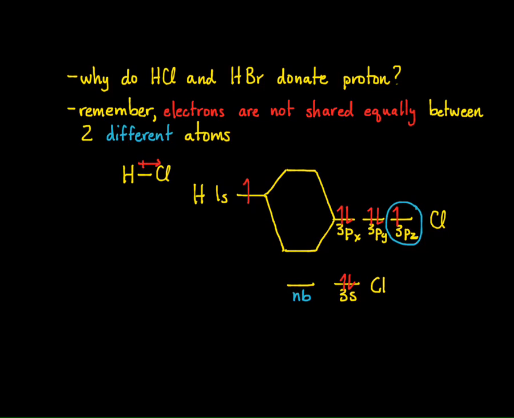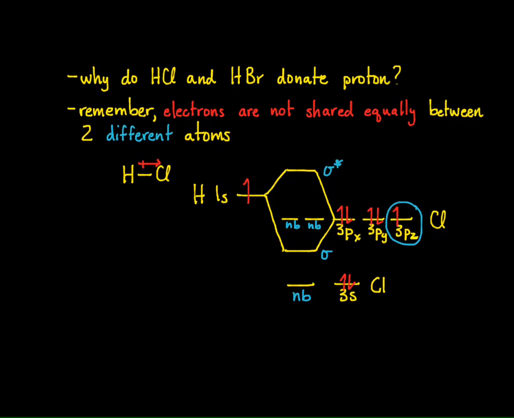And then we get a new orbital from the mixing of the 1s and the 3pz, and that's going to be our new sigma bonding orbital. Of course the 3px and 3py are filled, so they don't contribute, and they are simply there as non-bonding orbitals. And finally we have a sigma star orbital. So notice I have 1, 2, 3, 4, 5 molecular orbitals. I start with 5 atomic orbitals, I end with 5 molecular orbitals.